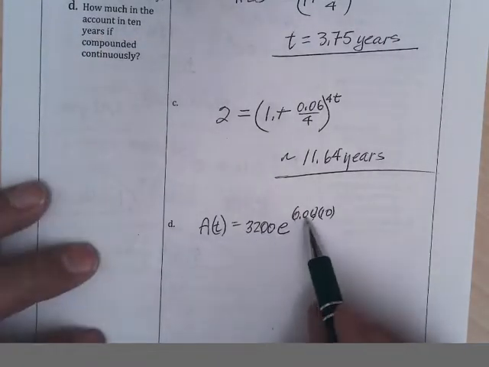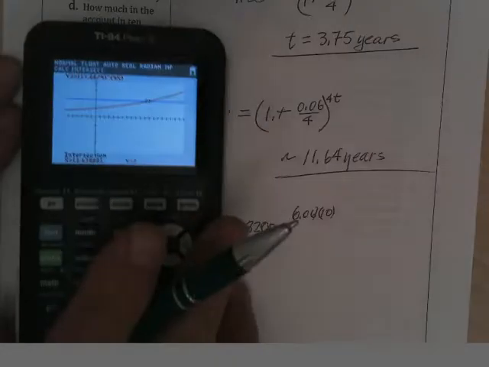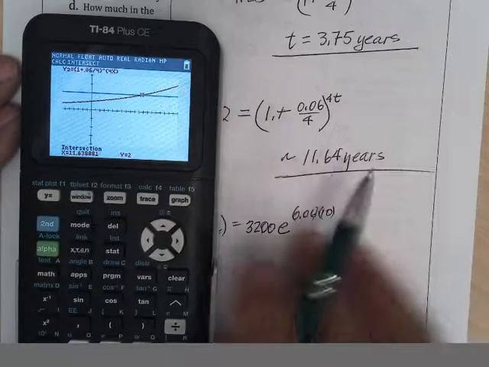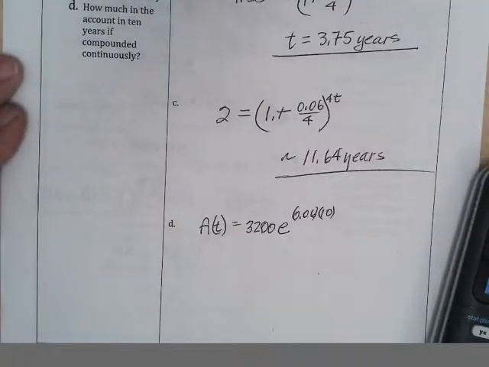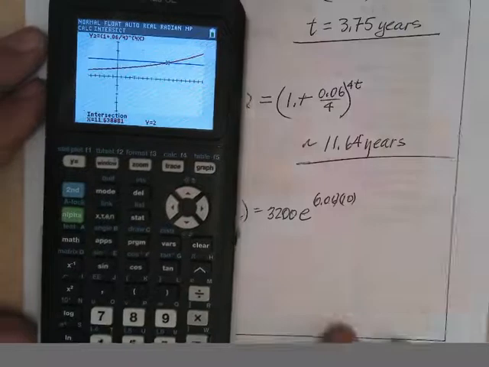Starting amount, e to the rate times the time. And so it should be more than it was for 10 years here. Compounded continuously grows a little bit faster. Not much more, but a little bit.